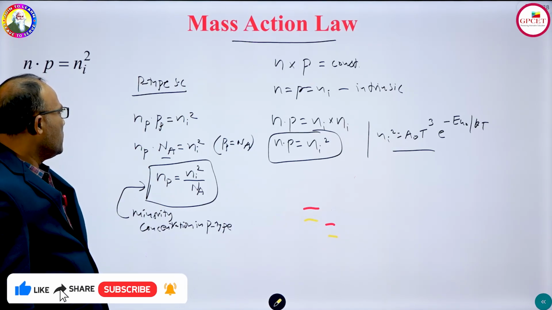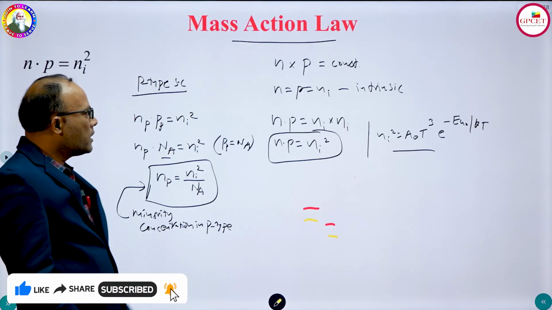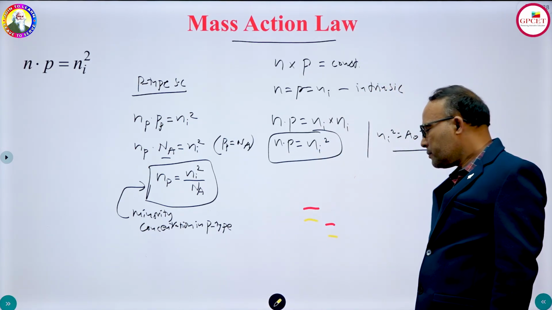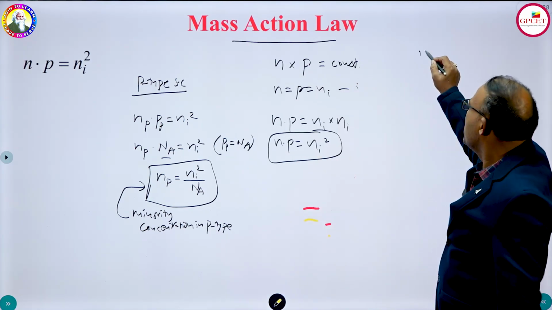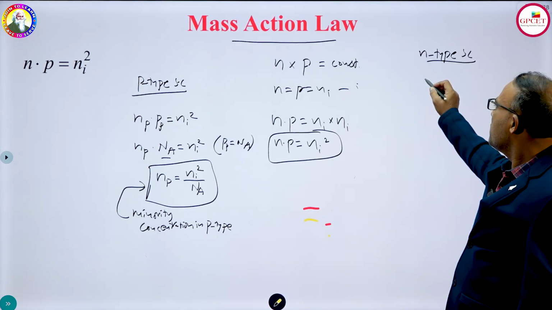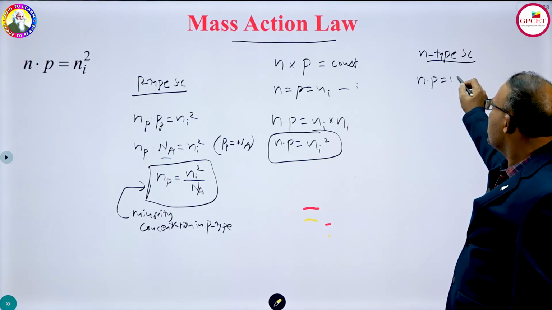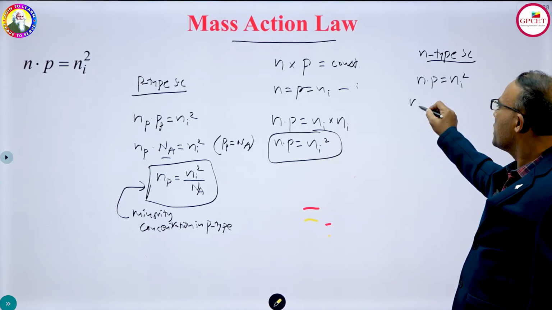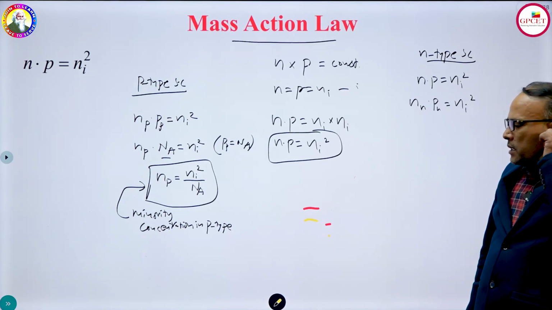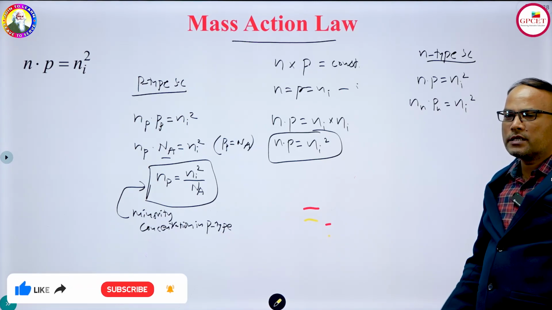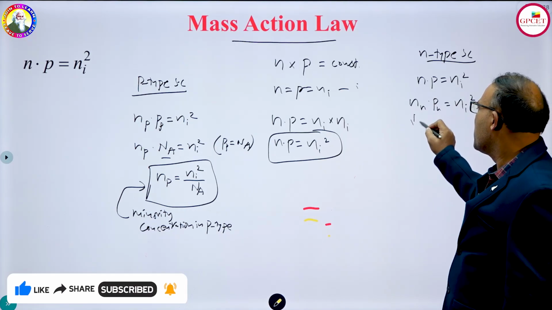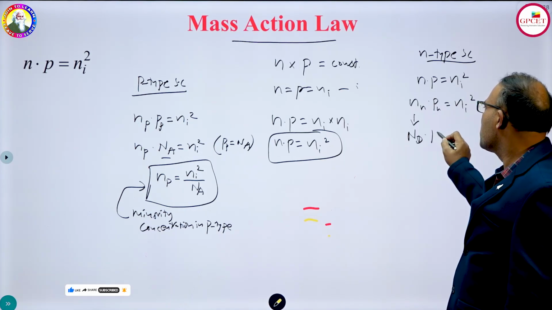Similarly, we can calculate for an n-type semiconductor. Here the product of electron and hole concentrations is ni square, so Nn into Pn is equal to ni square. In n-type, the majority carriers are electrons, which come from donors, so Nn is Nd, the donor concentration.